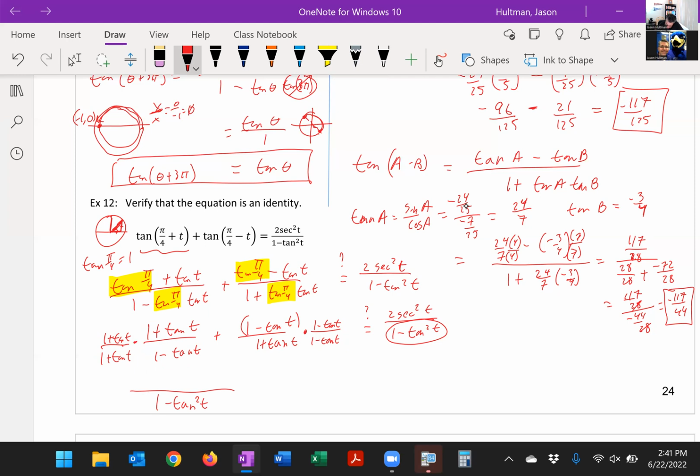So then FOIL it out on the top. So this becomes 1 plus tangent t plus tangent t, that's 2 tangent t, plus tangent t squared.